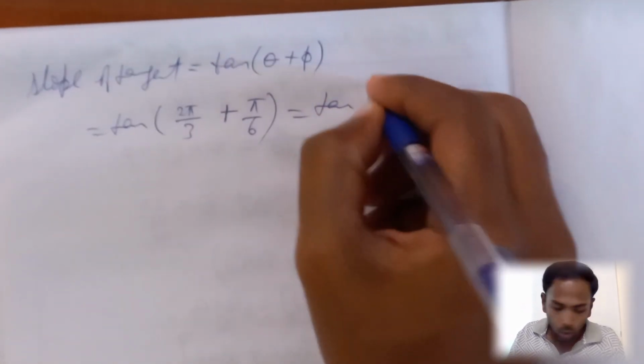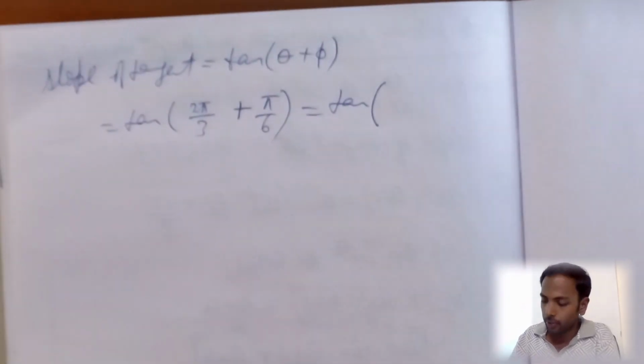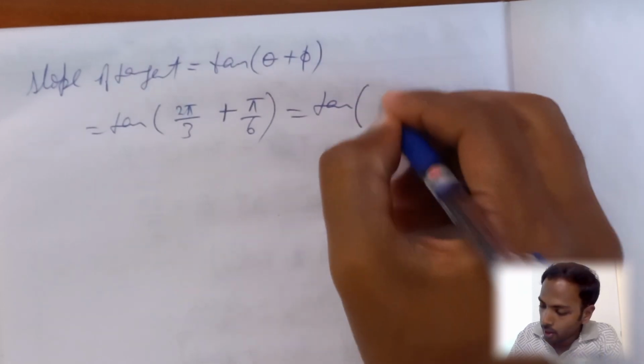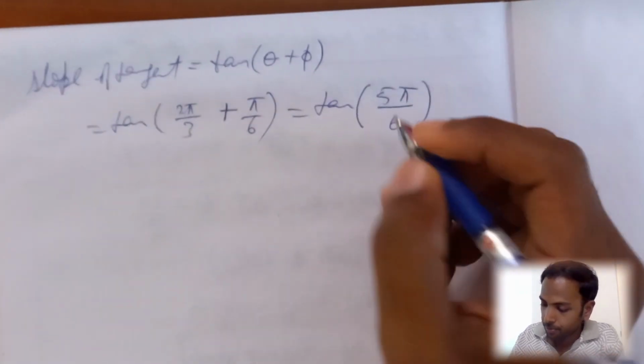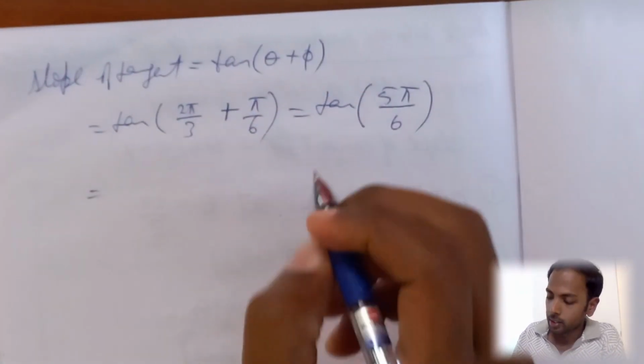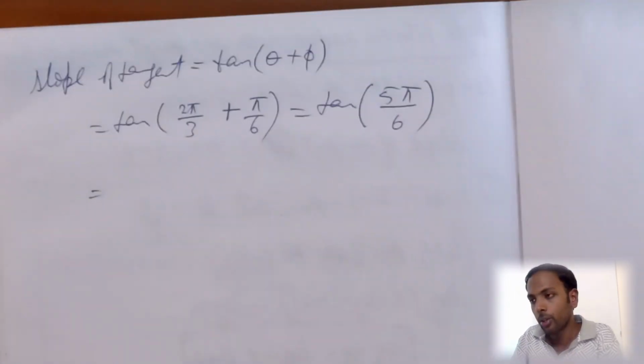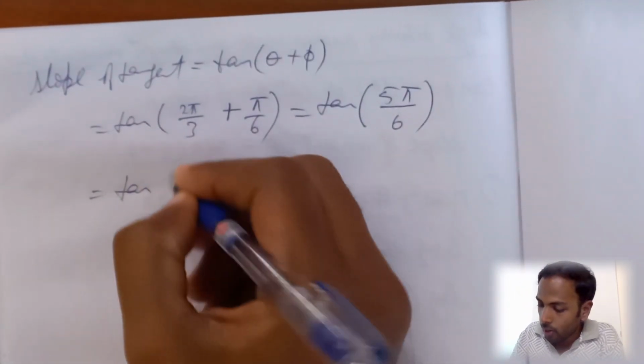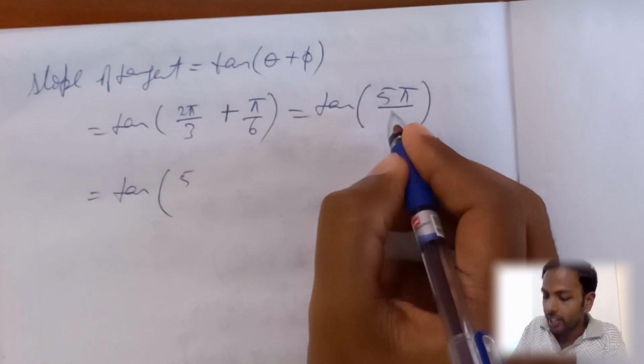So if you do all the calculation, if you take the LCM, you will finally get it like 5 pi by 6. So 5 pi by 6. Again, if you want to convert it into degrees, I told you pi is 180.